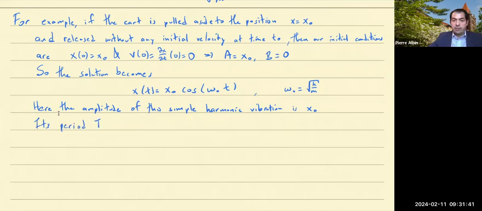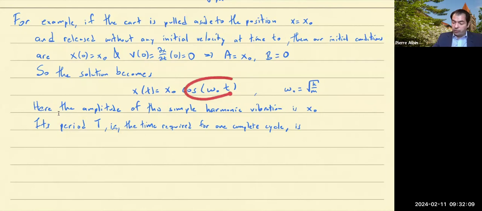Its period, right, capital T, is the time required for one complete cycle. This is a periodic function. Cosine has period 2 pi. So cosine of omega naught times t is going to have period 2 pi divided by omega naught, right? Which would be 2 pi times the square root of m divided by k.